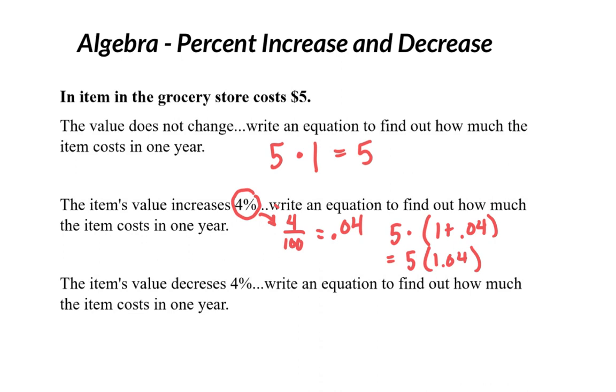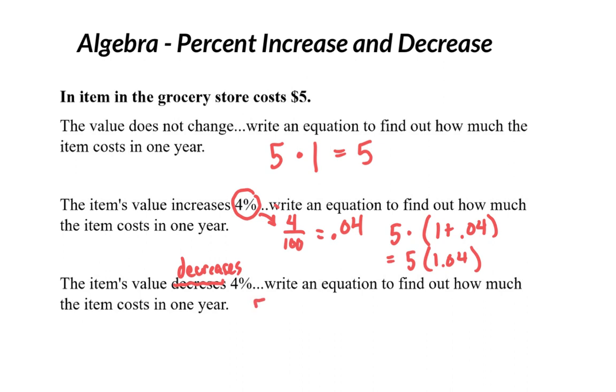Now, the next question is the item's value decreases by 4%. Now, I spelled decrease wrong. There we go. Decreases 4%. Now, this is almost exactly the same as what we just did.